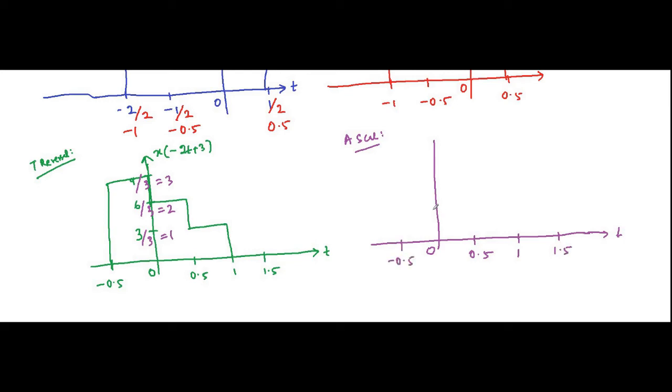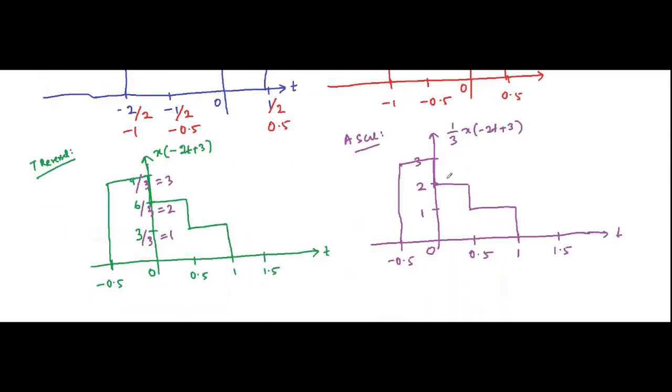This is scaled down by a factor 1 by 3. So the new amplitudes are 1, 2, 3.